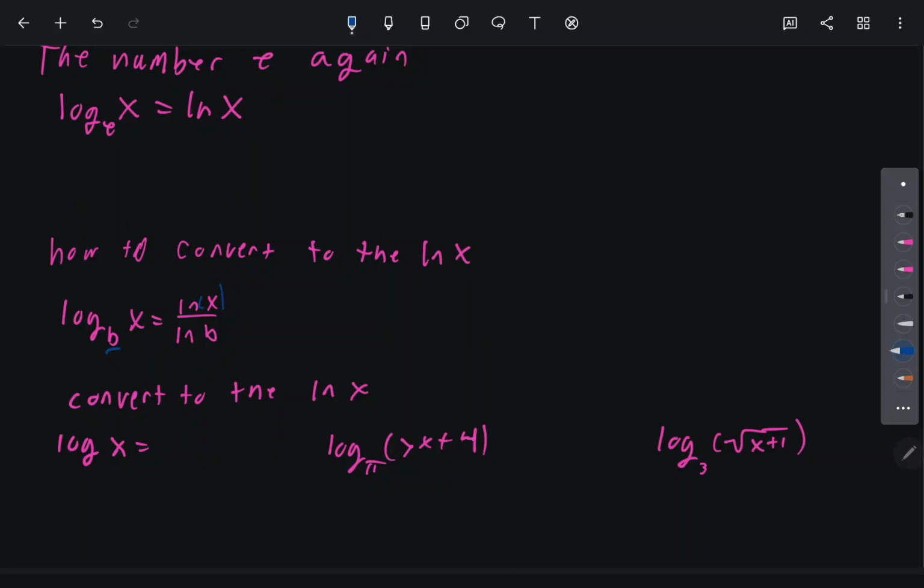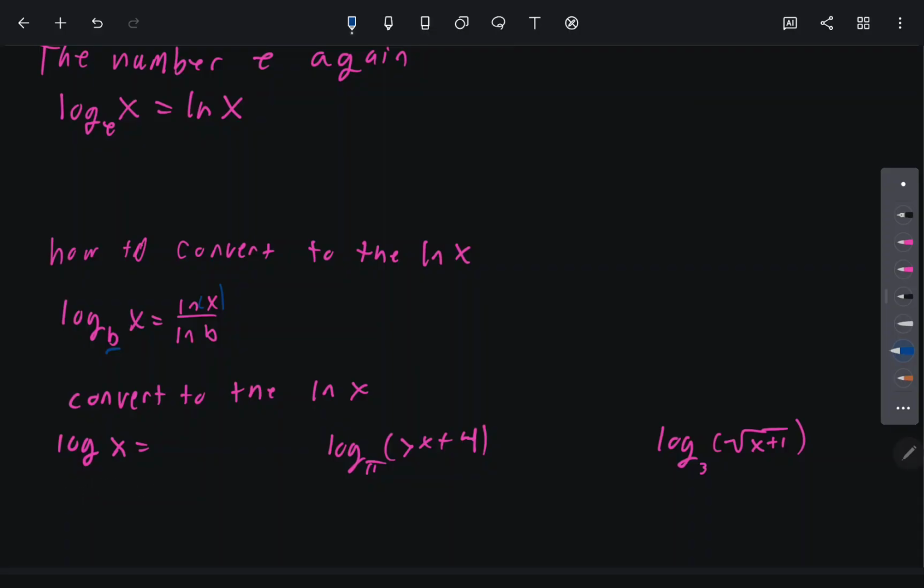The log symbol by itself will normally mean log base 10 of x. Some textbooks will use that as a way to represent the natural logarithm. However, I am going to be saying that log is equal to log base 10.